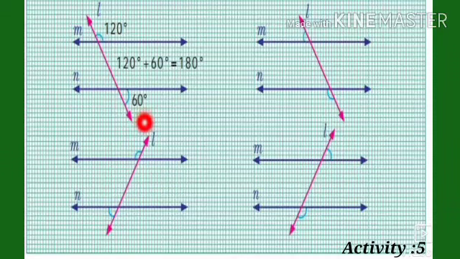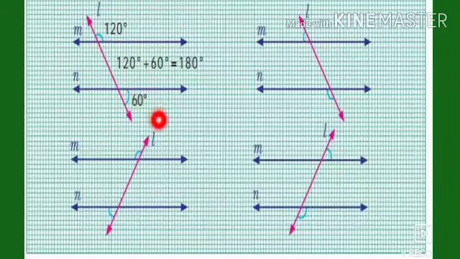So observe the marked co-exterior angles in each figure, both lying at the exterior of the parallel lines and on the same side of the transversal. One pair of angles are measured and found that they are supplementary, isn't it? 120 degree plus 60 degree is equal to 180 degree. So now measure the remaining three pairs of angles and check.